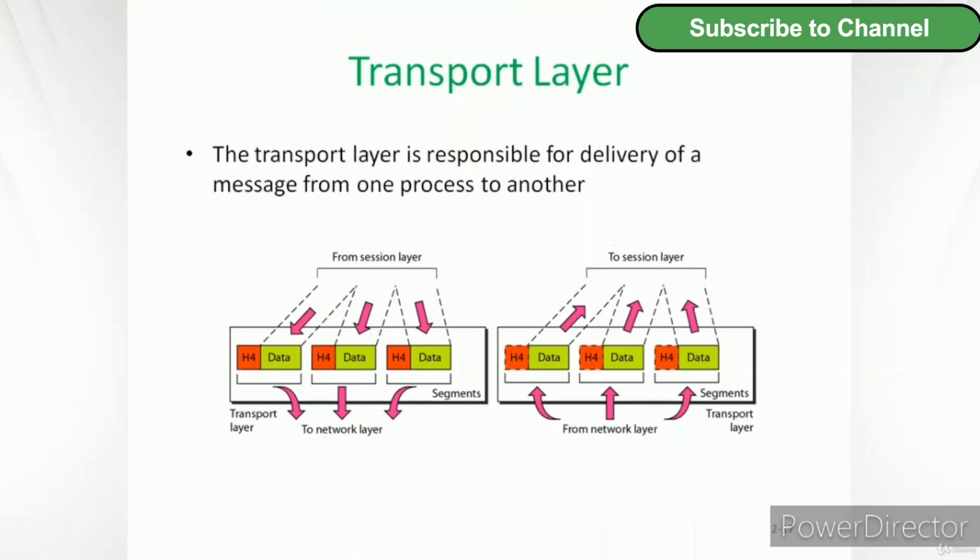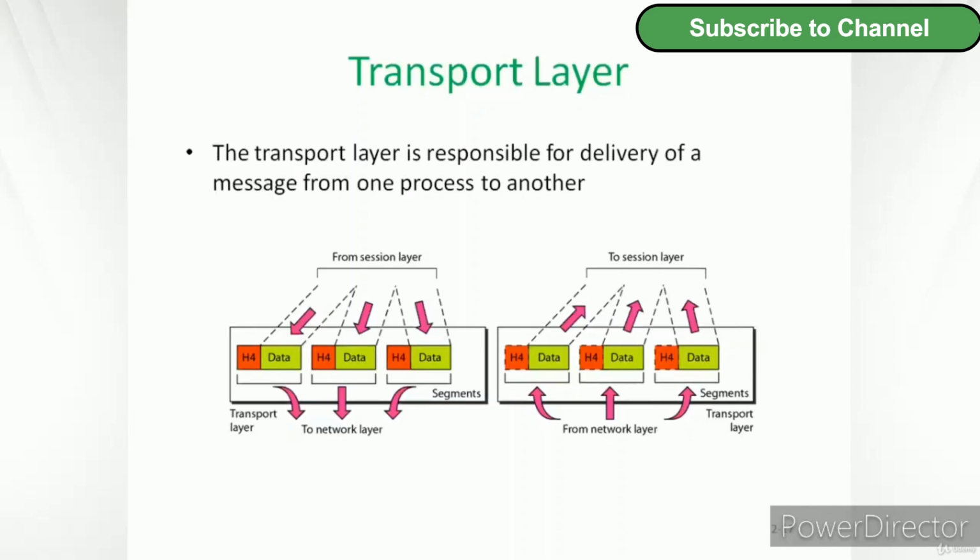Then the transport layer is responsible for delivery of the message from one process to another process. As we know, different computers are there, and to communicate between these computers, only physical addressing and logical addressing is not sufficient.